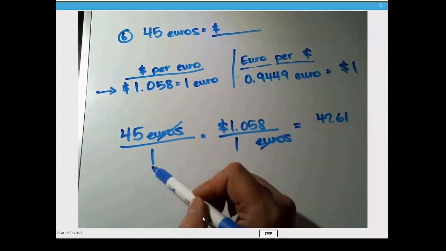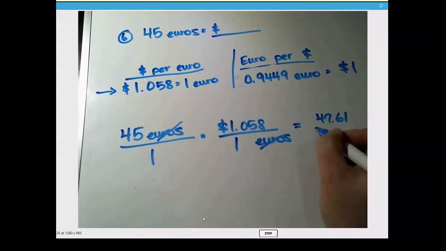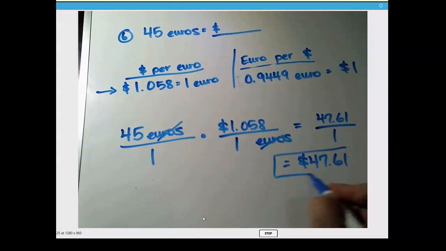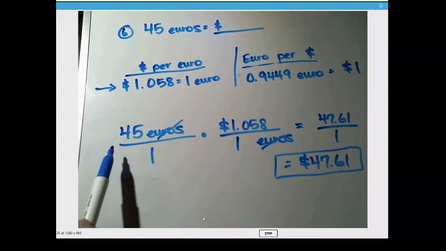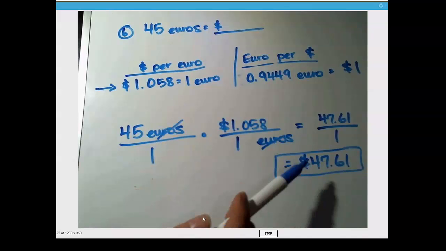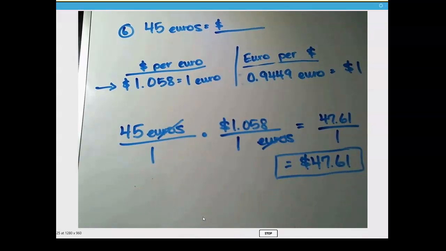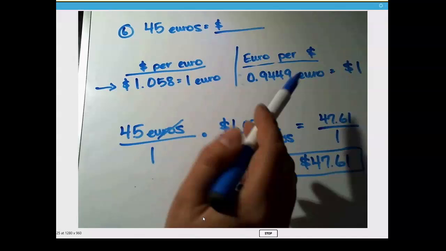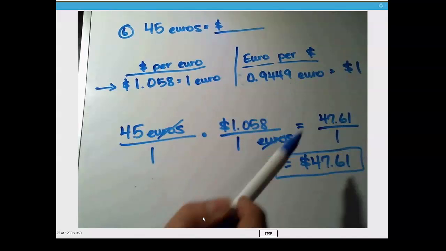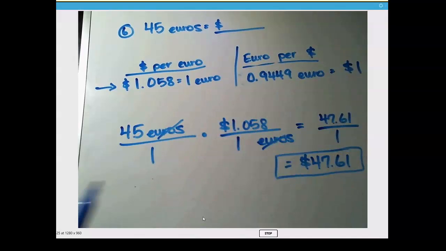Euros canceled, and then 1 times 1 is just 1. So it's about $47.61. If you traded in 45 euros, you get that much in US dollars.